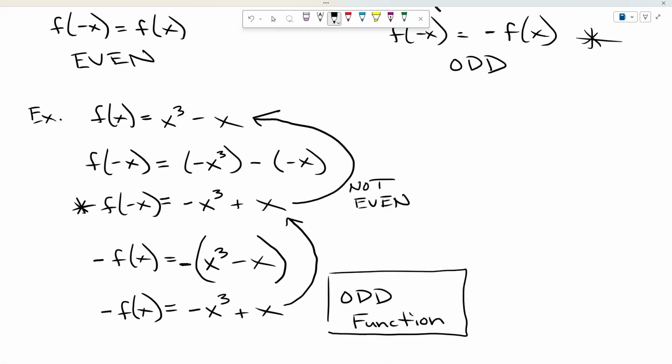So that is our answer for this first one. f of x equals x cubed minus x is an odd function.